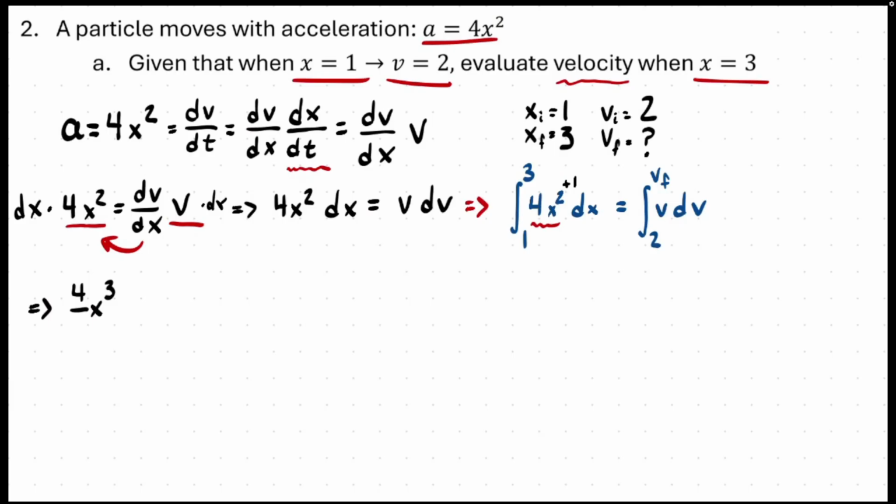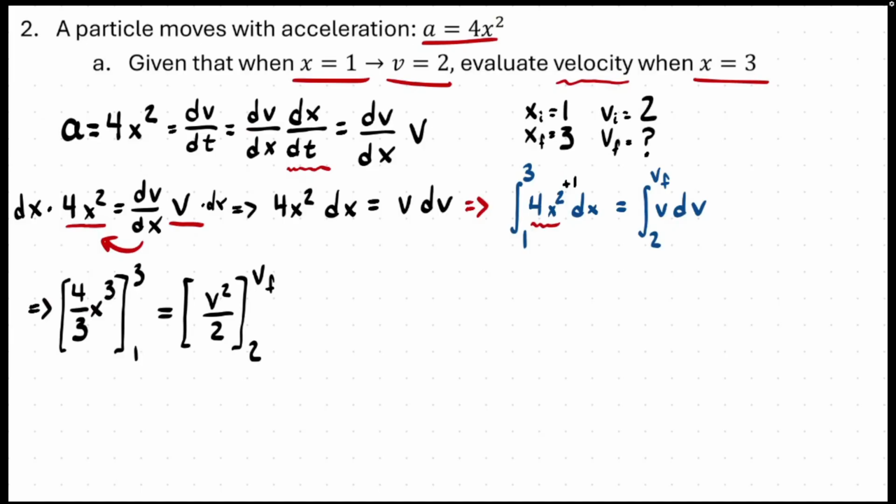Then we evaluate it in our bounds from 1 to 3. This is equivalent to our v integral, which follows the same step. We just have a v there, so that's going to be pretty simply v squared over 2, evaluated from 2 to vf.